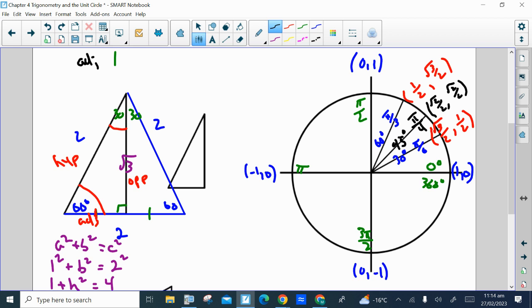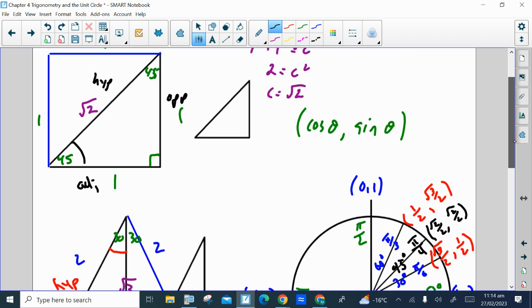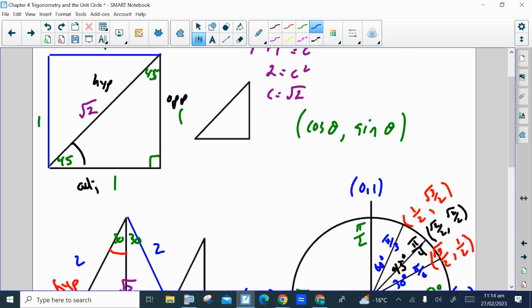So this gives us the sine and the cosine. But you can also use this to get the tangent, because we have a trig identity, and we're going to learn when we get into chapter 6, we're going to be talking about trig identities.